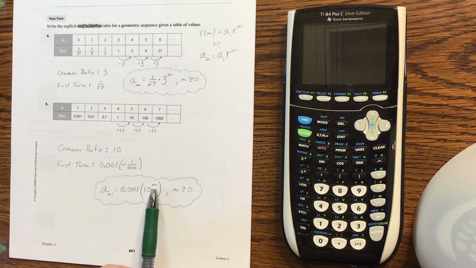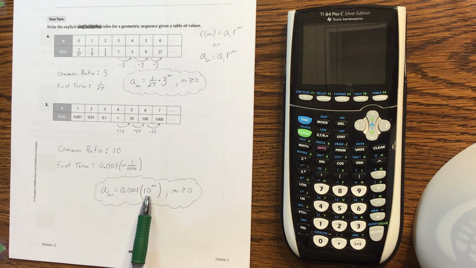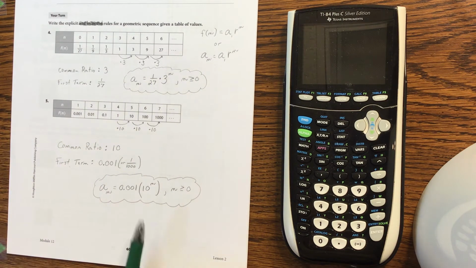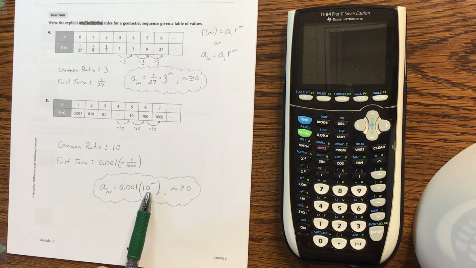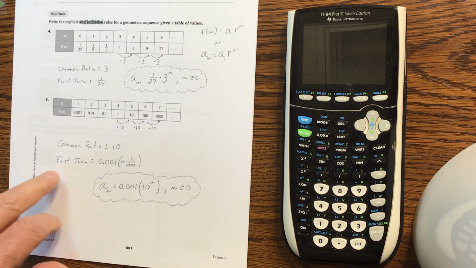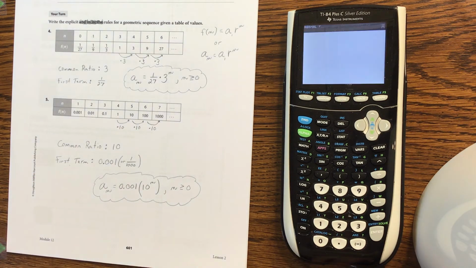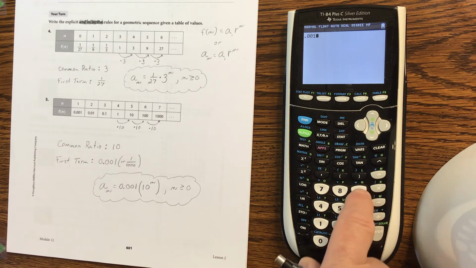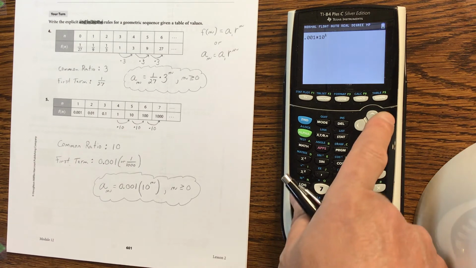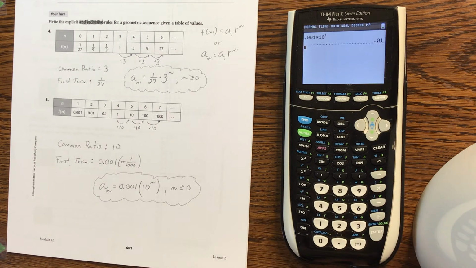So if I let n become 0 here, 10 to the 0 is always 1, and 1 times 0.001 will give me the first term of 0.001. Let n become 1 now. 10 times 0.001 gives you 0.01. I can show you on a calculator. Ready? 0.001 times 10 to the first power is 0.01.